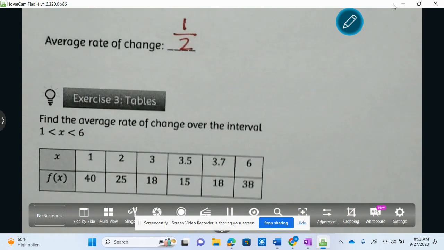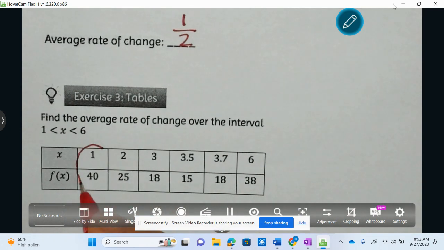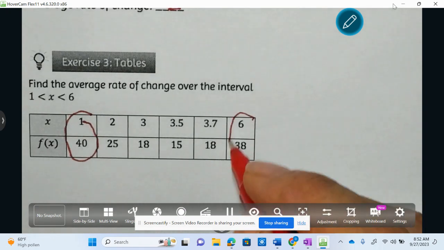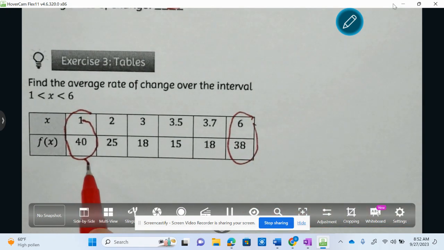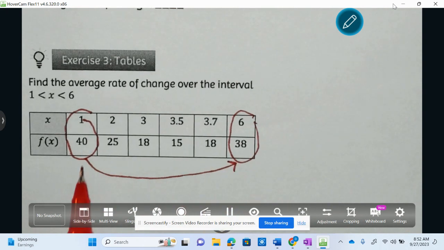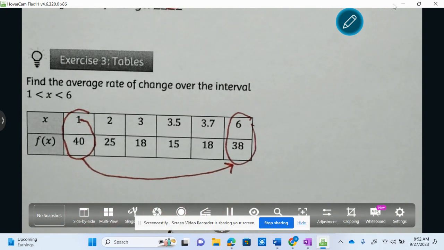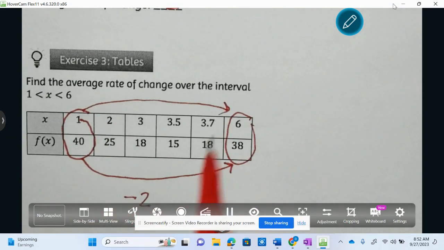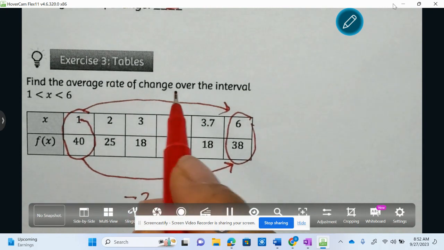Let's look at a table. We're looking at the average rate of change from the interval of 1 to 6. So tell me, what is the change in y from 40 to 38? -2, right? And what is the change in x from 1 to 6? 5.